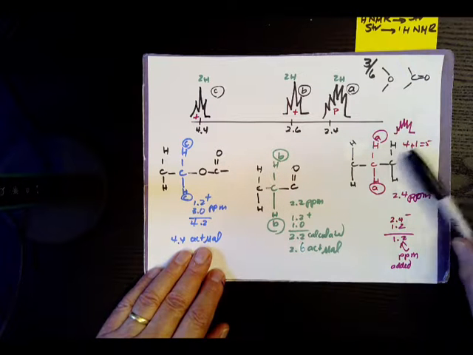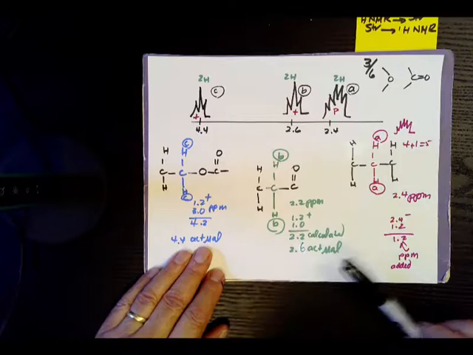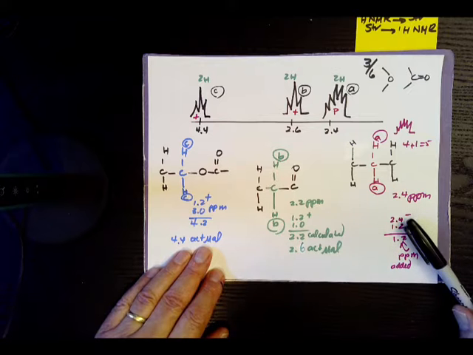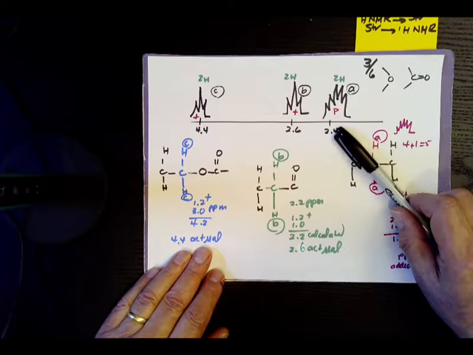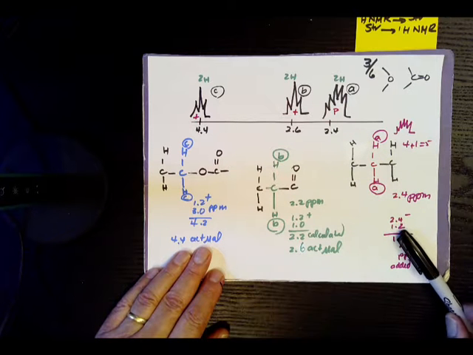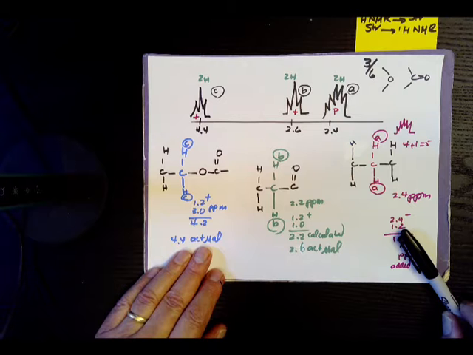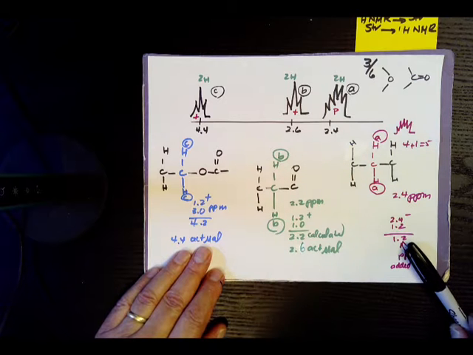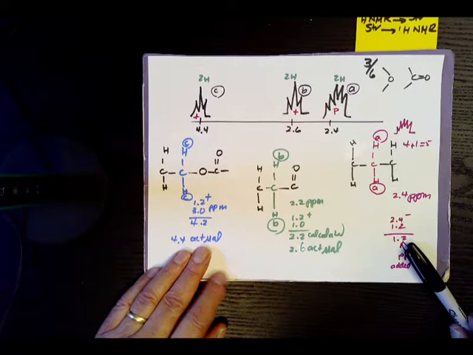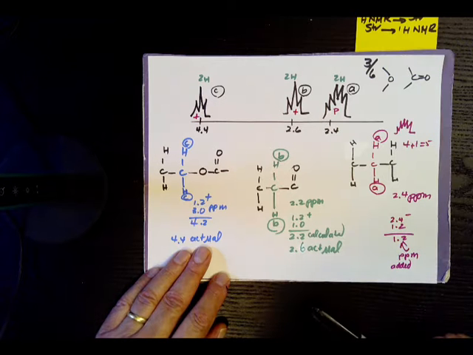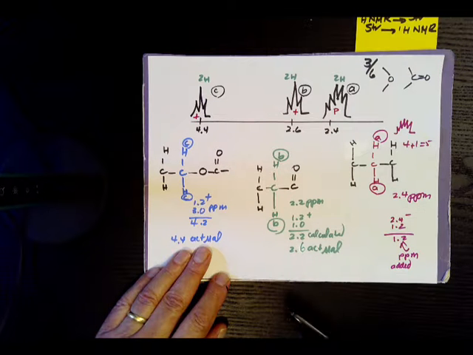So that makes 4 plus 1 is 5. Now, if I subtract 2.4, which was given to us, from 1.2, which is a typical CH2, I have additional ppm. At this point, I'm not 100% sure where that 1.2 came from. So we leave it alone for the time being and go to B and C.